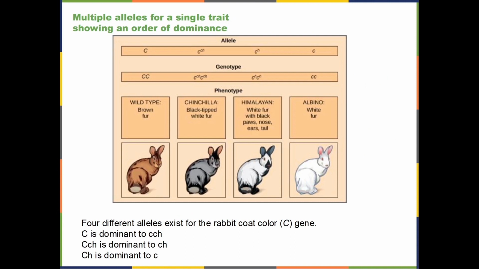All right. So in some cases, we have multiple alleles, and they have a complex dominance structure. It's kind of like playing rock, paper, scissors, right? In this case, we've got 3 rabbit coat phenotypes, and C, the wild type, the brown fur, is dominant to chinchilla, which is this black-tipped white fur.